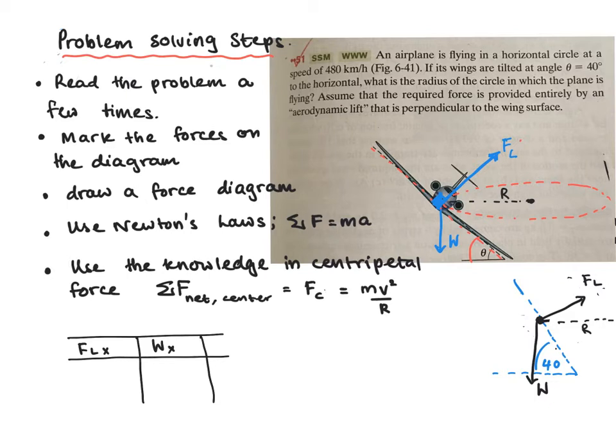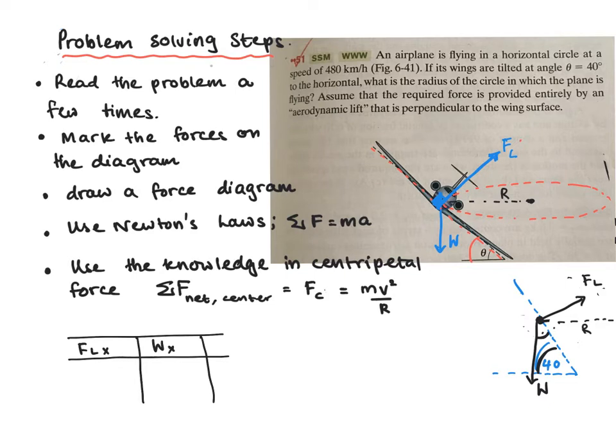Now if you know this to be a 40-degree angle, then this is a 50-degree angle, right? If this is a 50, then this is a 40.